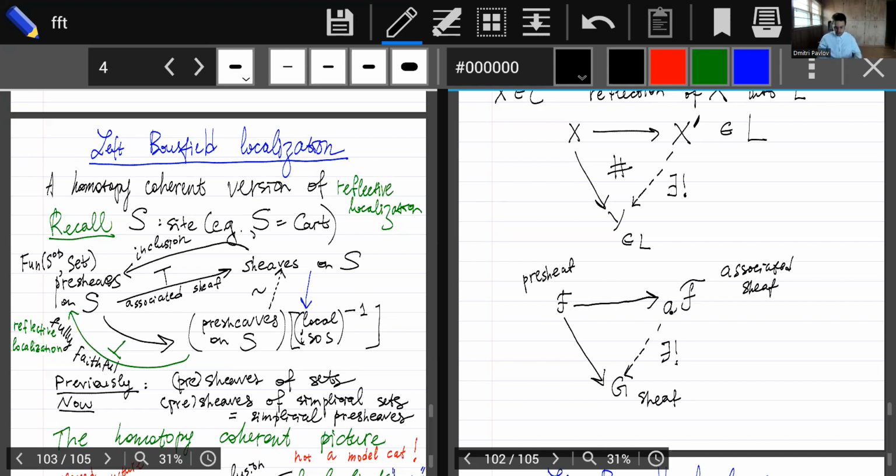Since G is a sheaf, once you map this compatible family in F into G, it definitely has a unique gluing. And this is exactly how this dashed map is defined. It takes a compatible family in F and sends it to its gluing, so applies this functor from F to G, and then glues in G to an actual section.